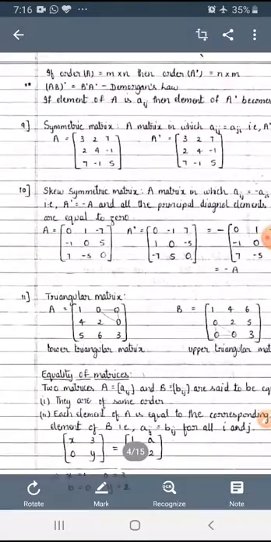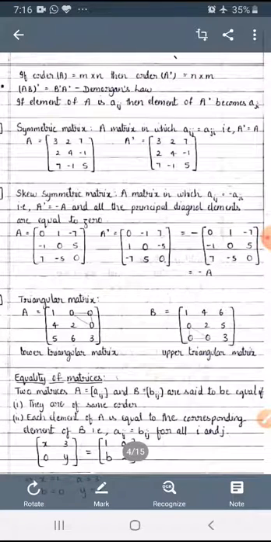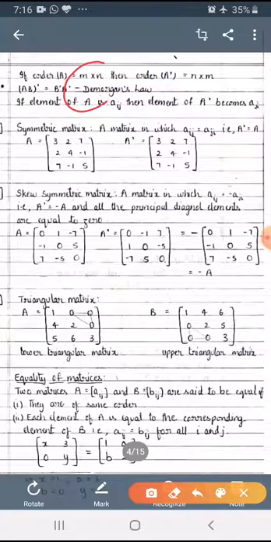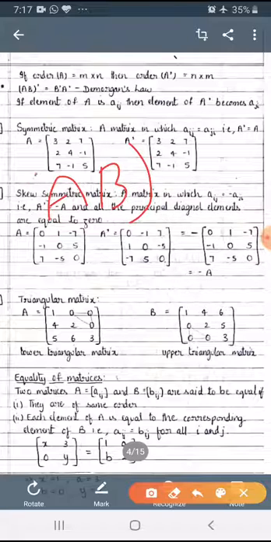Now we will see the properties. If the order of matrix A is m by n, then the transpose A dash has order n by m, just interchanged. Now, AB whole dash is also important: AB whole dash equals B dash A dash, not A dash B dash.